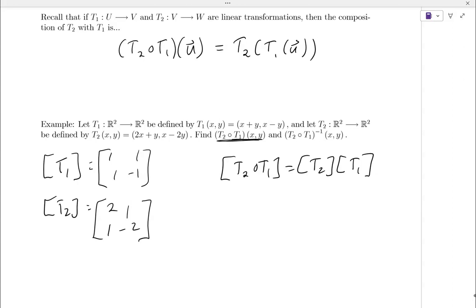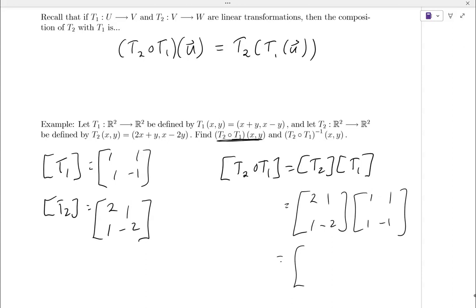So we can find the matrix for the composition simply by multiplying the matrices for T2 and T1 together. Again, this is why we like matrix notation for the transformations, because we can get all of these answers through matrix multiplication. Okay? So we would take our 2, 1, 1, -2 times 1, 1, 1, -1.